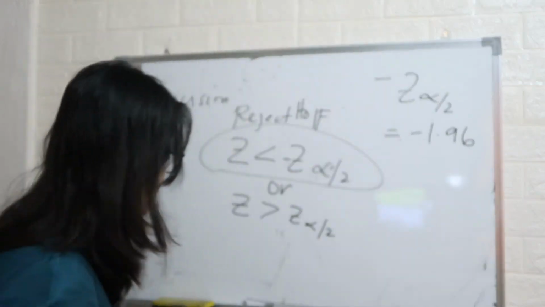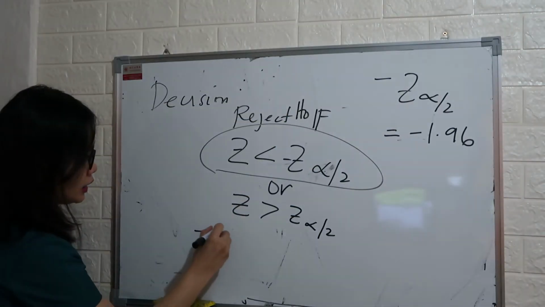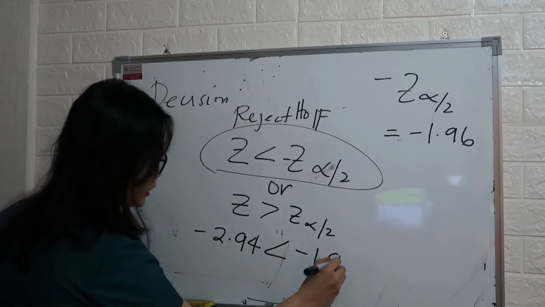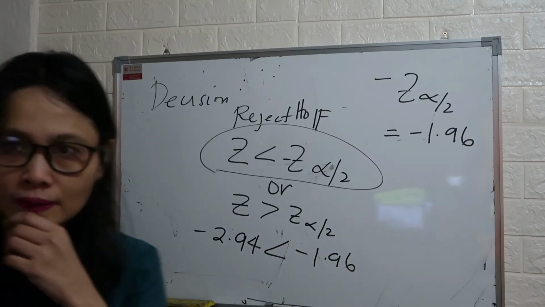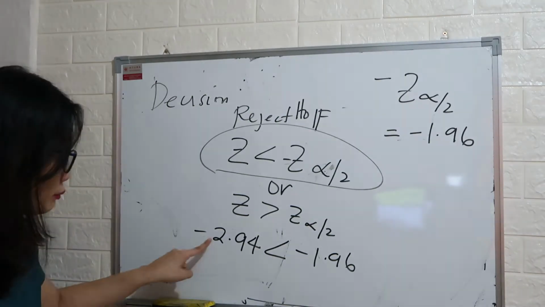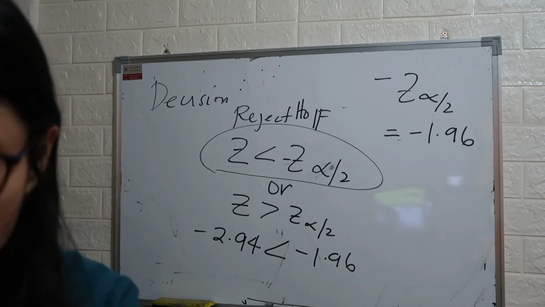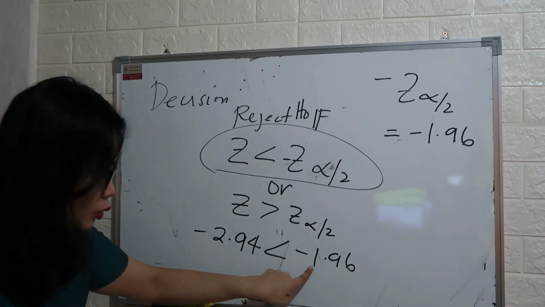Negative 2.94 is less than negative 1.96. Is it true?